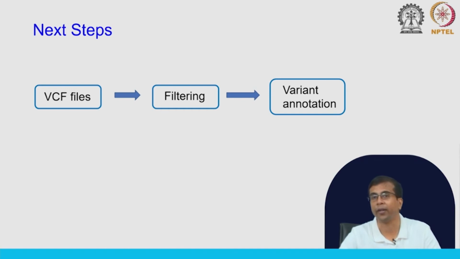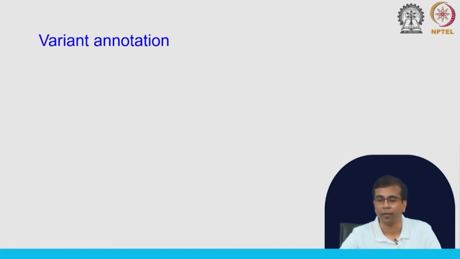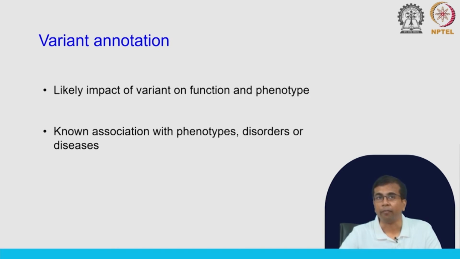Okay. So, for any variant call, you have to interpret what this variant actually means and whether there is any significance of this variant in your data. So, what we are doing by annotation is measuring the likely impact of a variant on function, maybe gene function or cellular function and cellular phenotype.